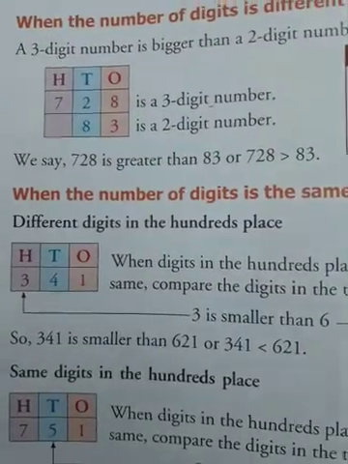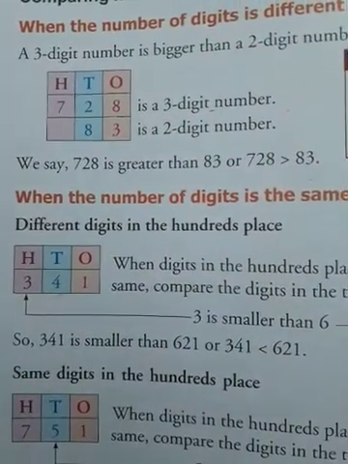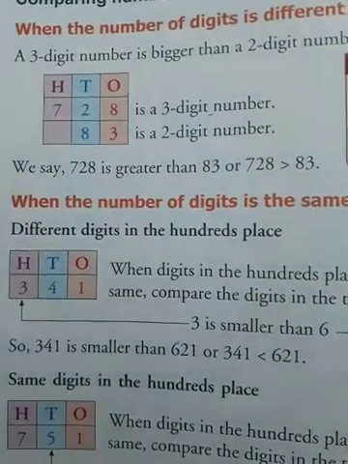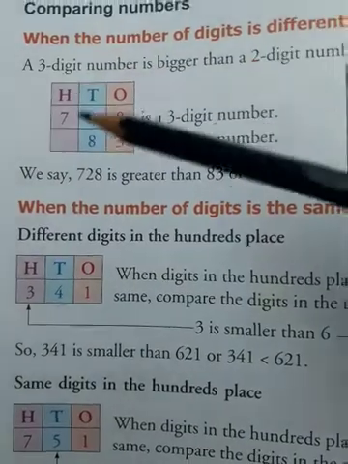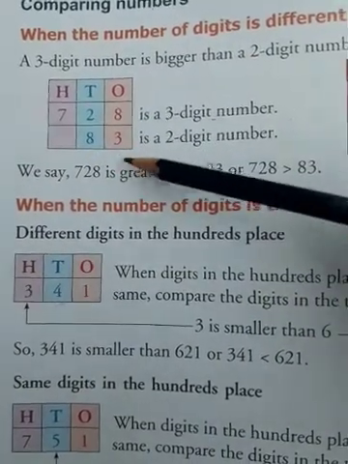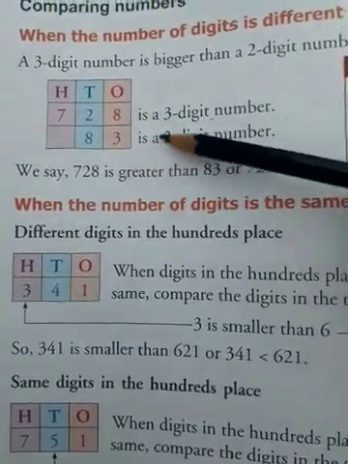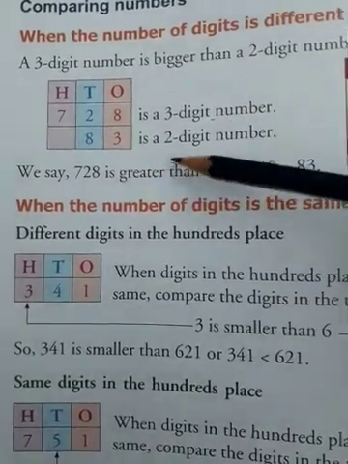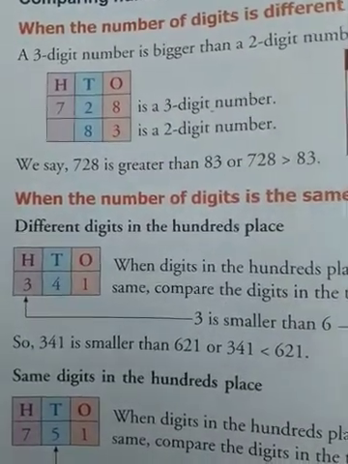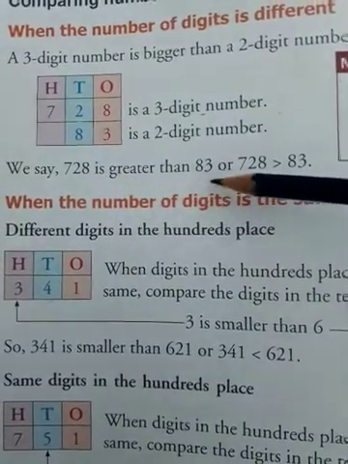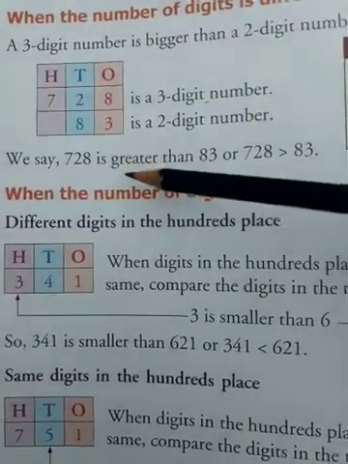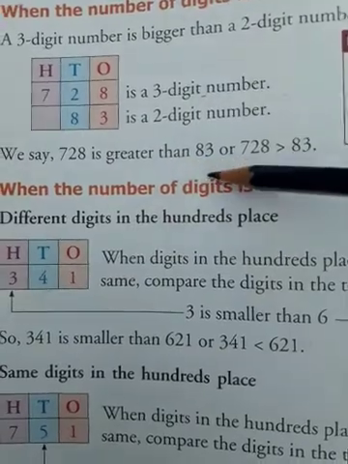You know that a 3-digit number is always bigger than a 2-digit number, and a 2-digit number is always bigger than a 1-digit number. So here 728 is a 3-digit number and 83 is a 2-digit number. So we can say that 728 is greater than 83.